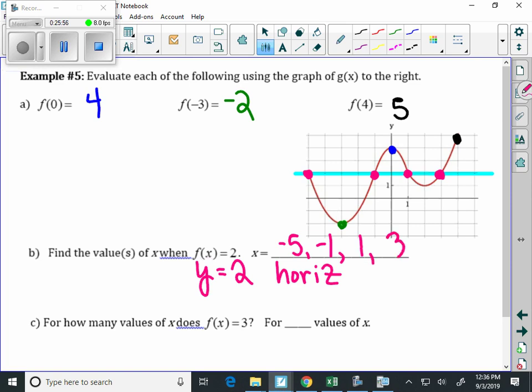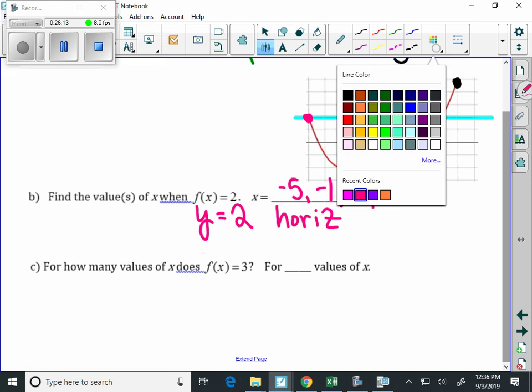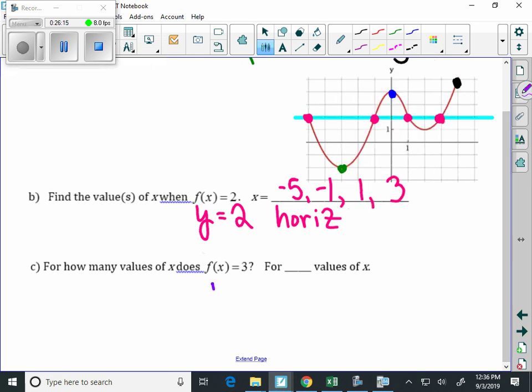But again, watch out for the questions. What is this asking? It says, for how many values of x does f of x equal 3? So once again, f of x is a fancy way of writing y. So where y equals 3, and this time it only says for how many values.